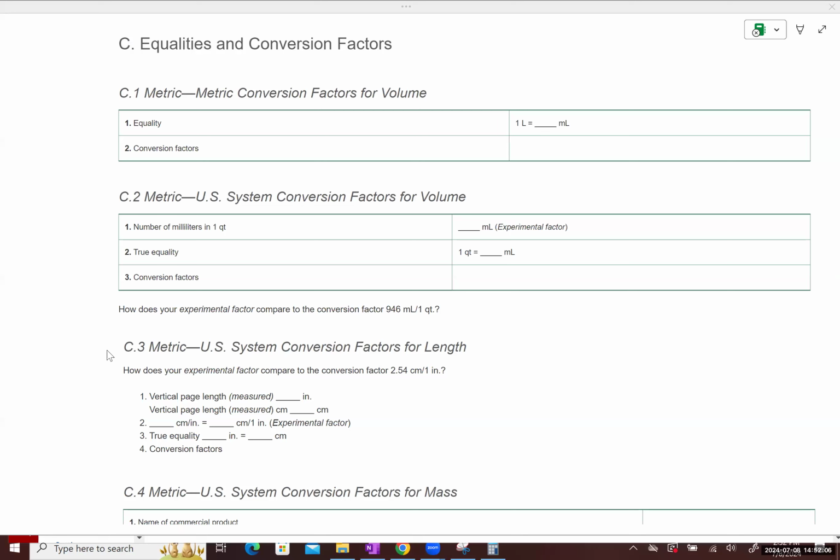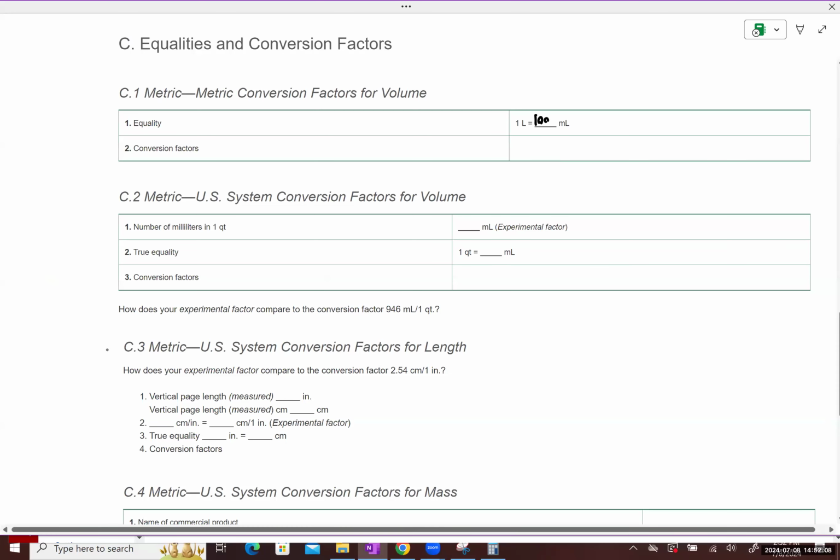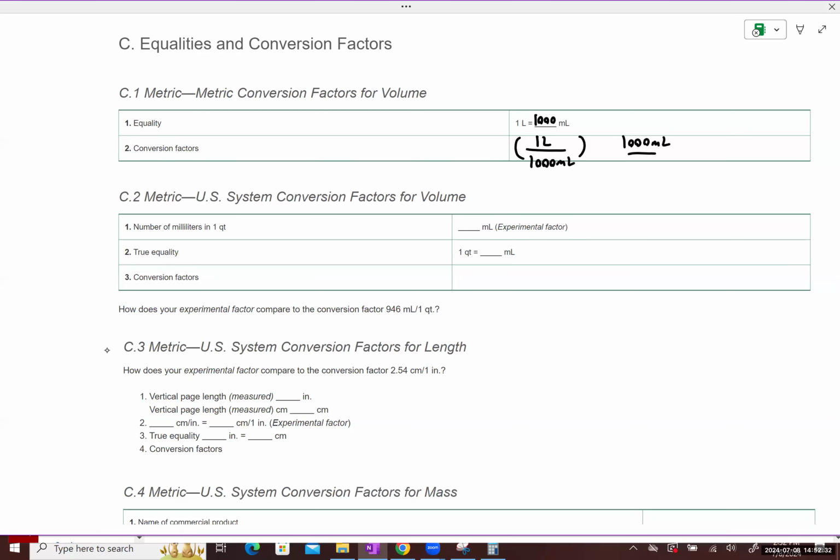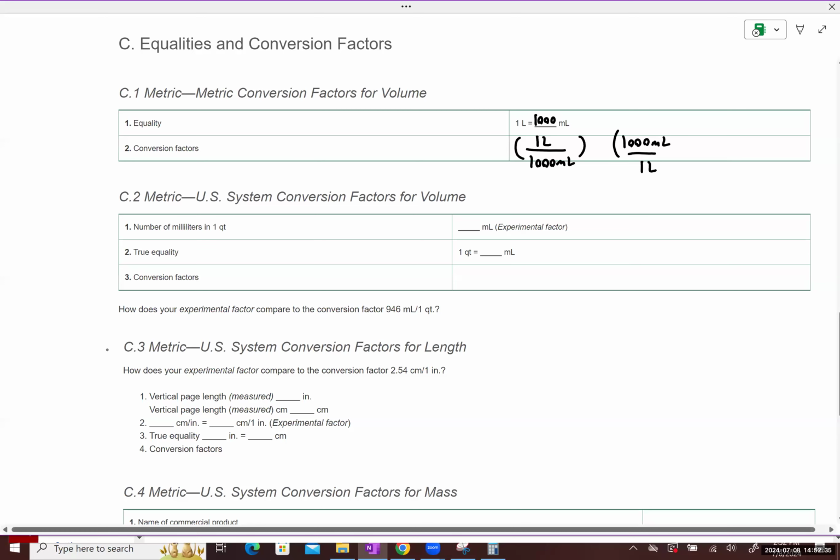So we know in 1 liter, there are 1,000 milliliters. So there are 2 ways to write this. We're going to set up a numerator and denominator. So we know in 1 liter, there are 1,000 milliliters. But we also know that in 1,000 milliliters, there's 1 liter.